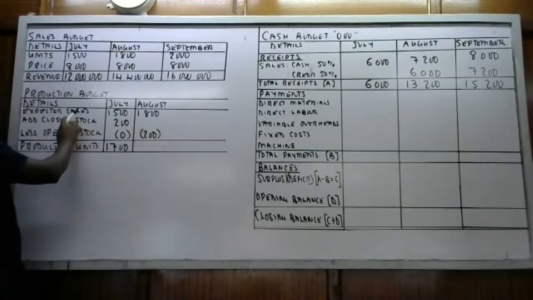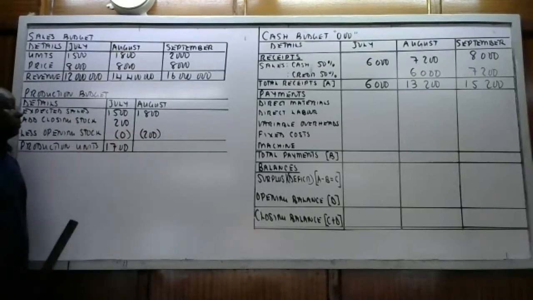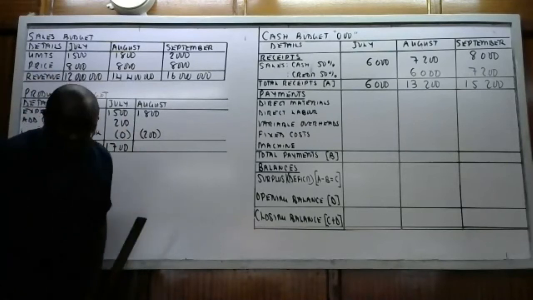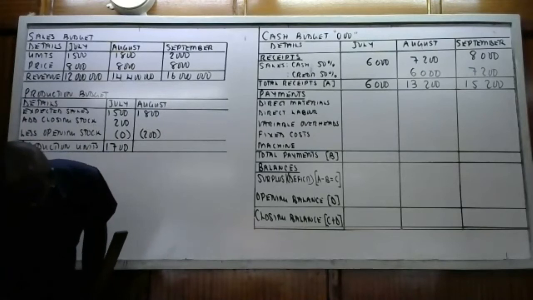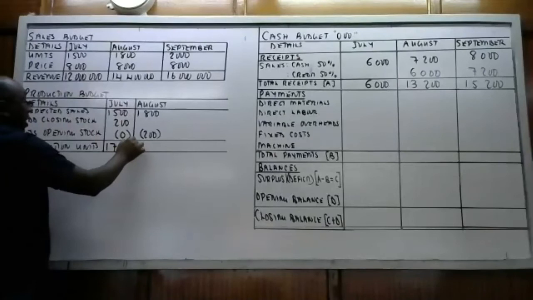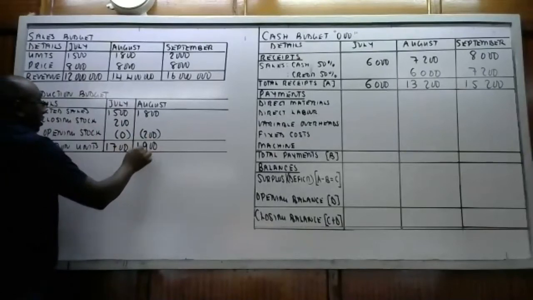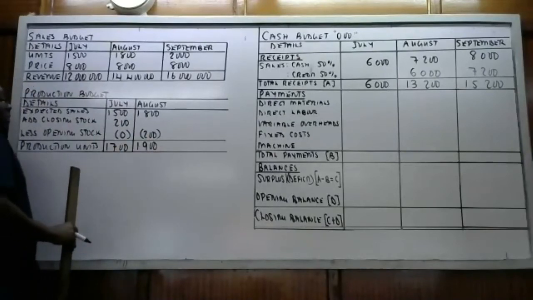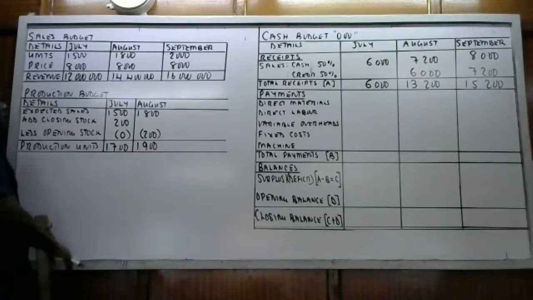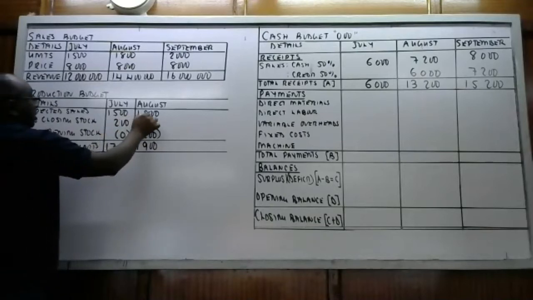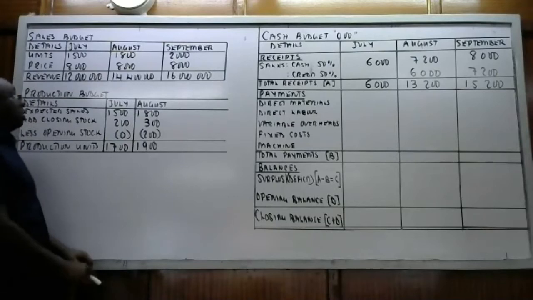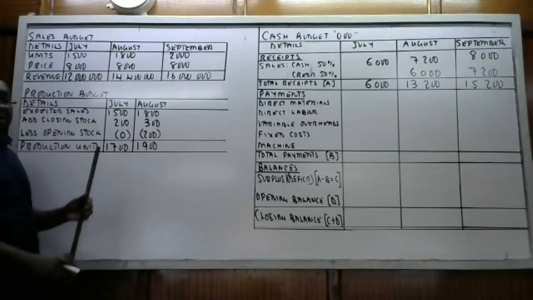The closing here becomes the opening here. And we are told they produced 1,900. So this must have been 300. So the closing stock is 300.